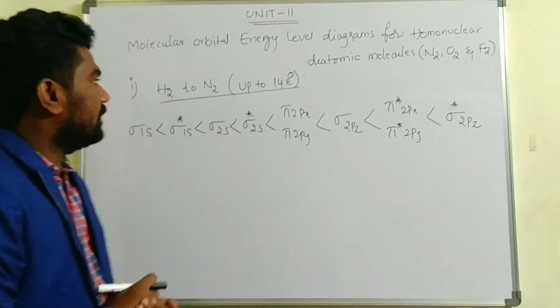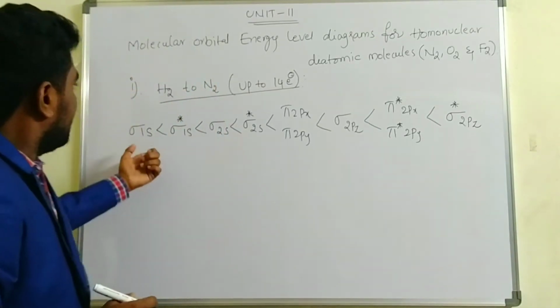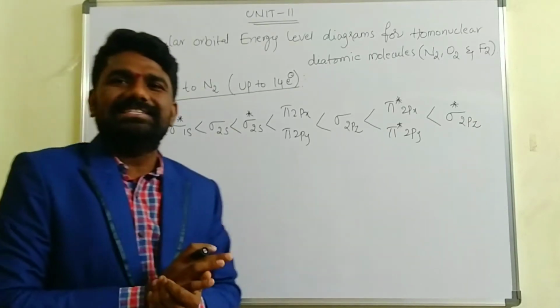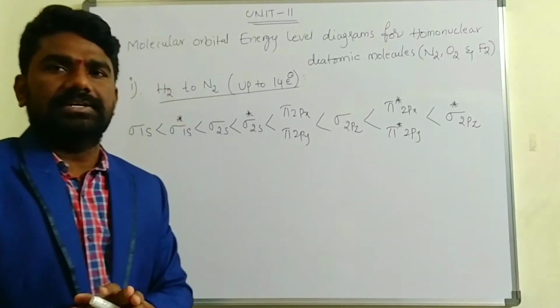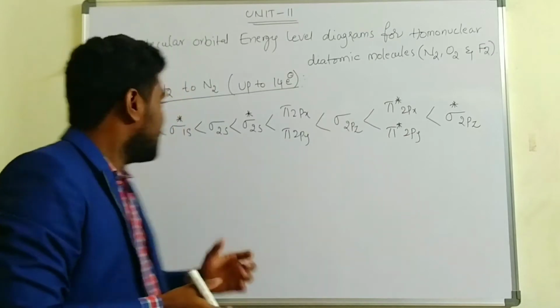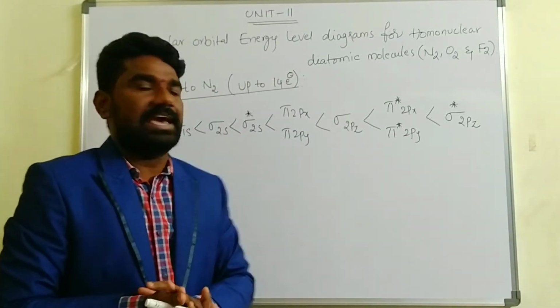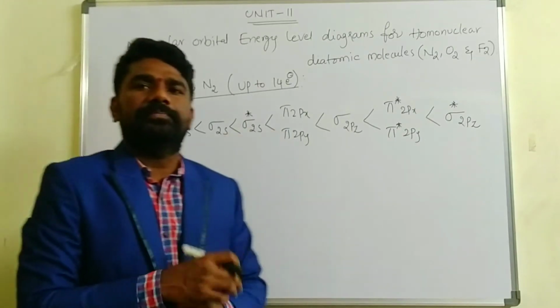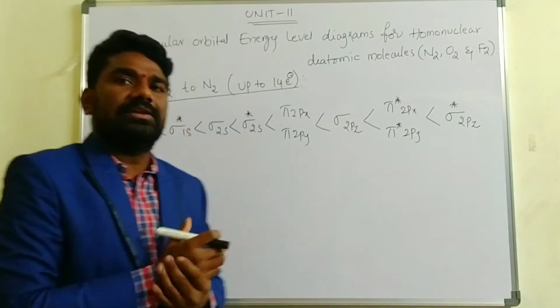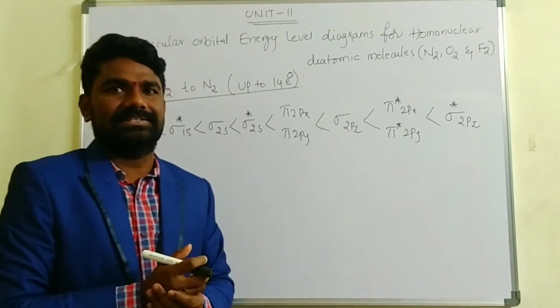If you see here, sigma 1s has the lowest energy among all the molecular orbital energies, isn't it?